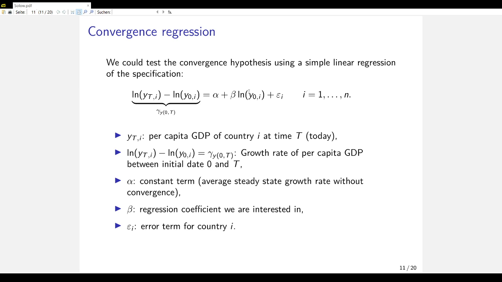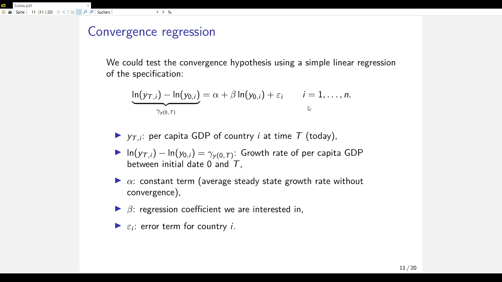Now, if we would observe convergence between countries, so here on the left-hand side we have the growth rate from time 0 to time t, so gamma y of time 0 and time t. If you observe such a convergence, we would have the situation that a country with a higher initial level of per capita GDP would grow more slowly. So actually this beta coefficient would be negative because a country with a higher y0 would have a lower growth rate on the left-hand side.